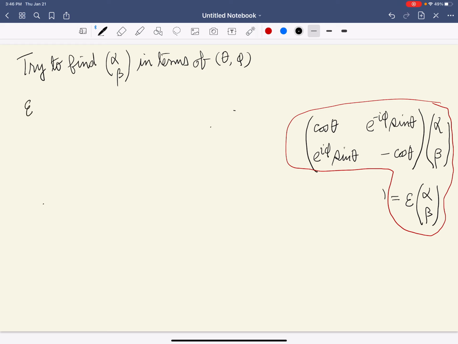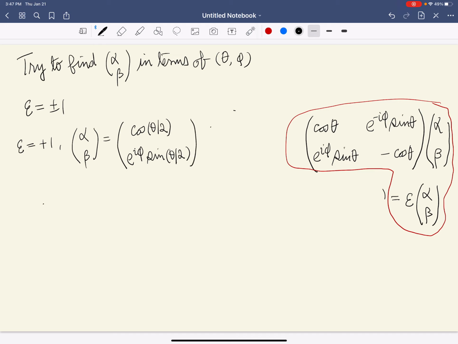And you can check that, first of all, there are only two eigenvalues, +1 or -1. And if you choose the +1 eigenvalue, then the corresponding eigenvector is cosine half theta, e to the i phi sine half theta. So this appearance of the half angle is maybe slightly uncomfortable, but actually there's nothing wrong about it. I suppose it's just a matter of getting used to.